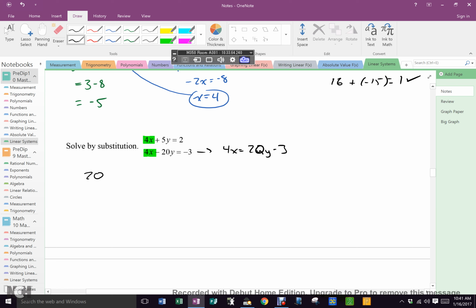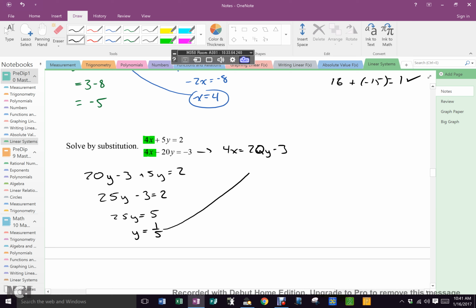So I would get 20y minus 3 plus 5y equals 2. Could I solve that? 25y minus 3 equals 2, correct? 25y equals 5, so y equals 1/5, right? Because 25 divided by 25, right?